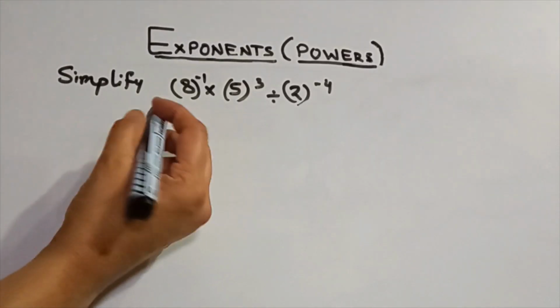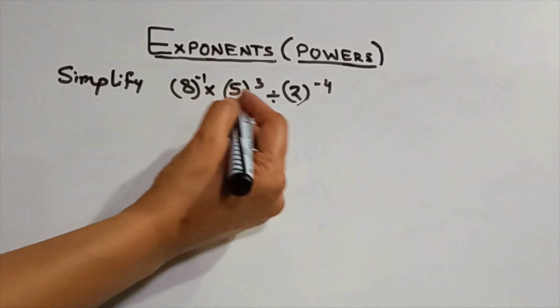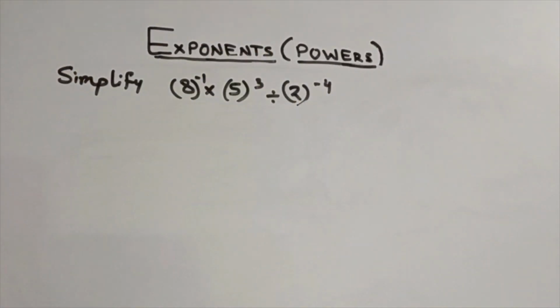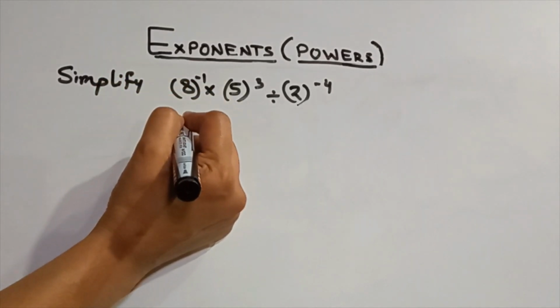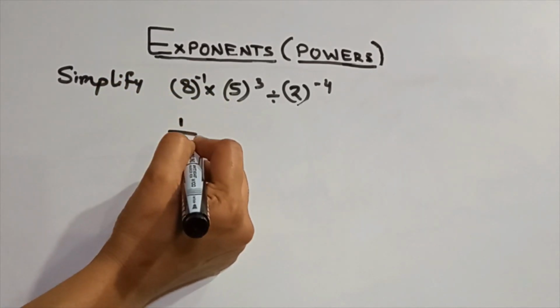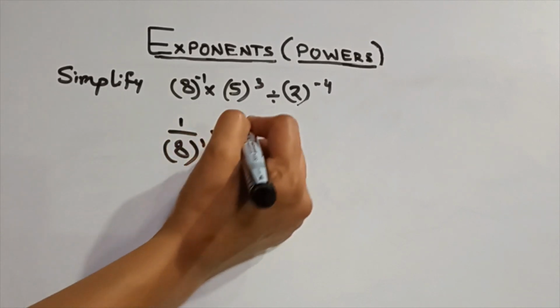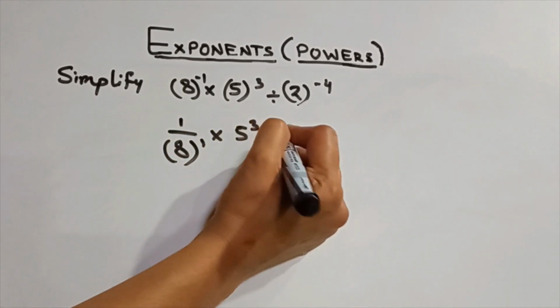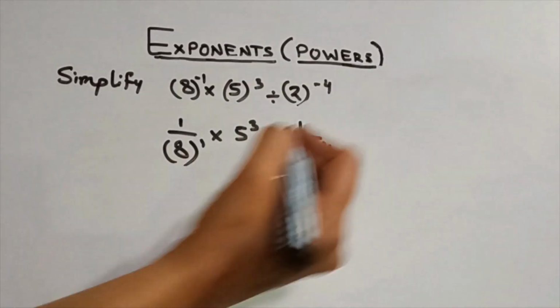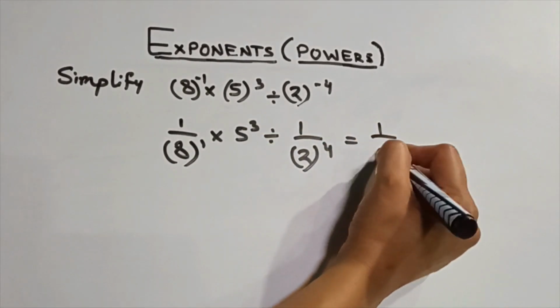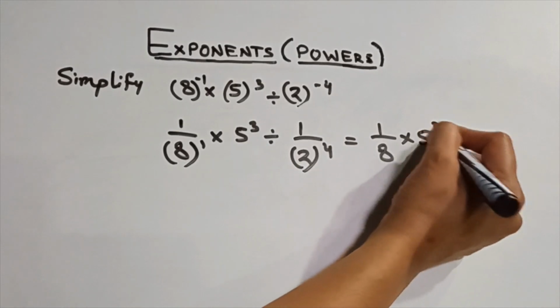Simplify this question. 8 raised to minus 1 into 5 raised to 3 divided by 2 raised to minus 4. We will write these rational numbers with positive powers. 1 upon 8 raised to 1 into 5 raised to 3 divided by 1 upon 2 raised to 4. 1 upon 8 into 5 raised to 3.